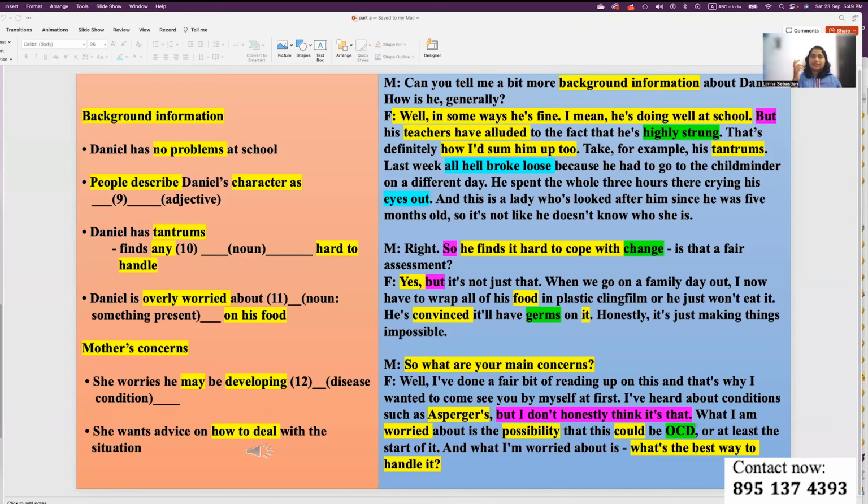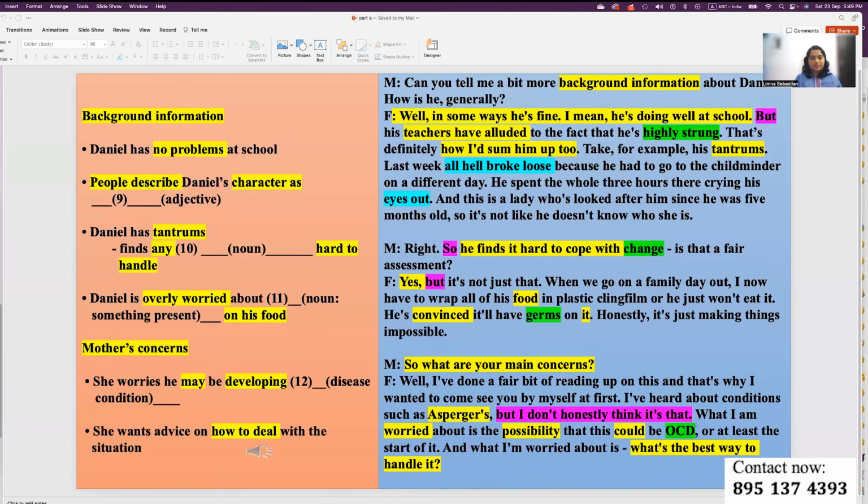So the first time while listening to these things, it's sometimes difficult. So that's the reason I'm telling you, go through the script and find out how it's coming. Okay, so this is the way the answer is coming. So our answer is germs. Again, the next heading is mother's concern. So again, that one is the question of the pediatrician: what are your main concerns?